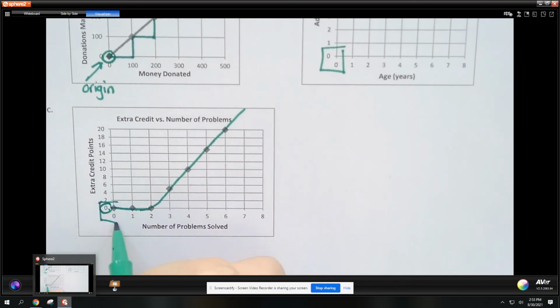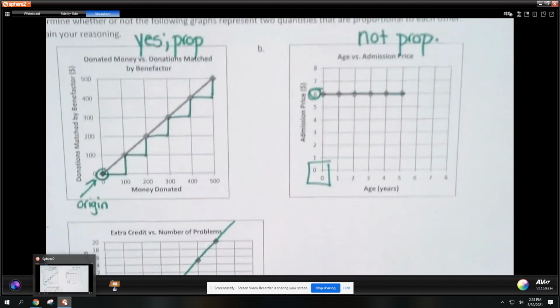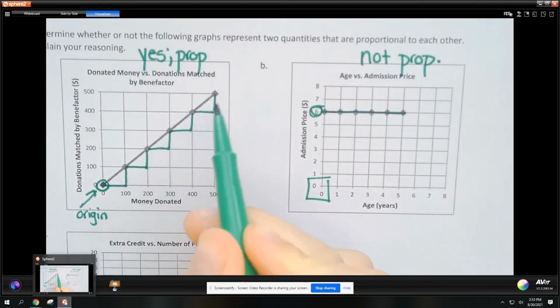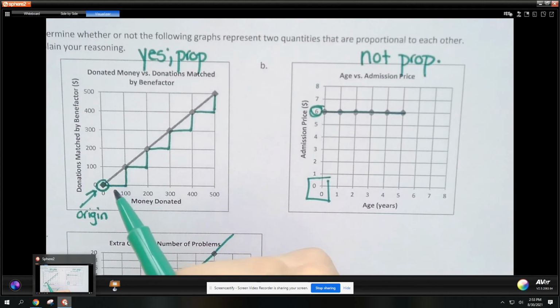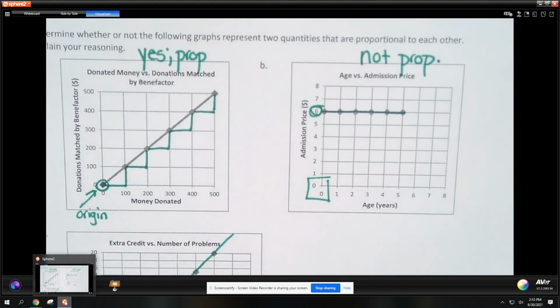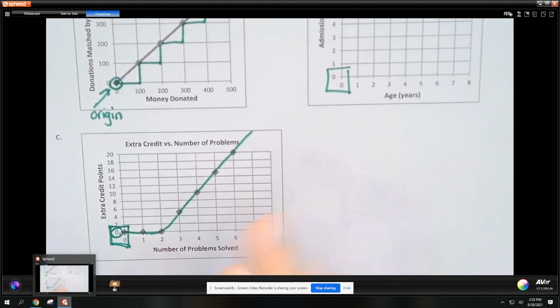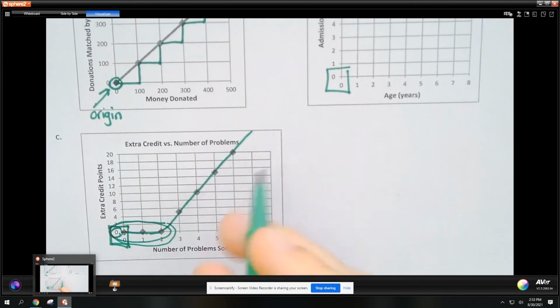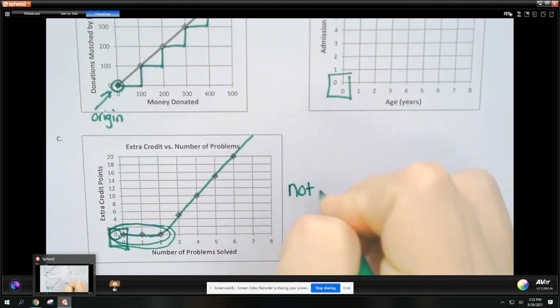So sure, we're down here at the origin at 0, 0. But we don't have this nice, straight, consistent line increasing at a constant rate like we did in graph A. So because of this slight swoop, this curve, the fact that these three have a different rate of change than these guys, this is also not proportional.